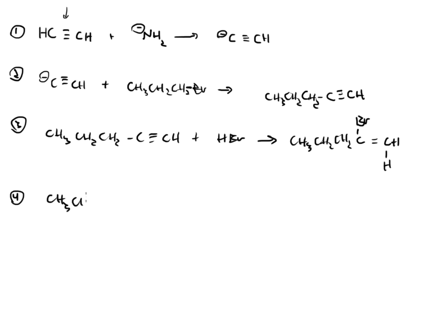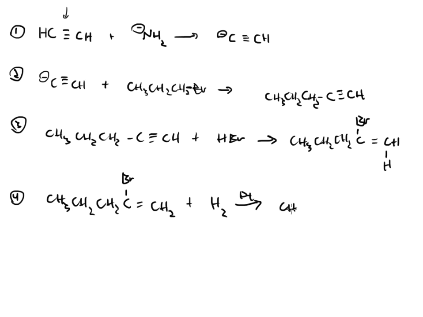I'll take that molecule with the bromine on it at this point. And now this is a CH2 on the end. I just condensed that down a little bit. And if I want to destroy that double bond characteristic, I'll add H2 platinum.